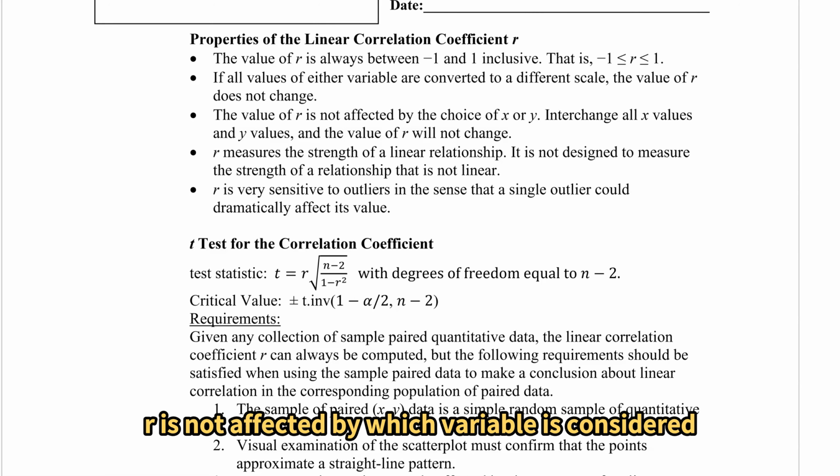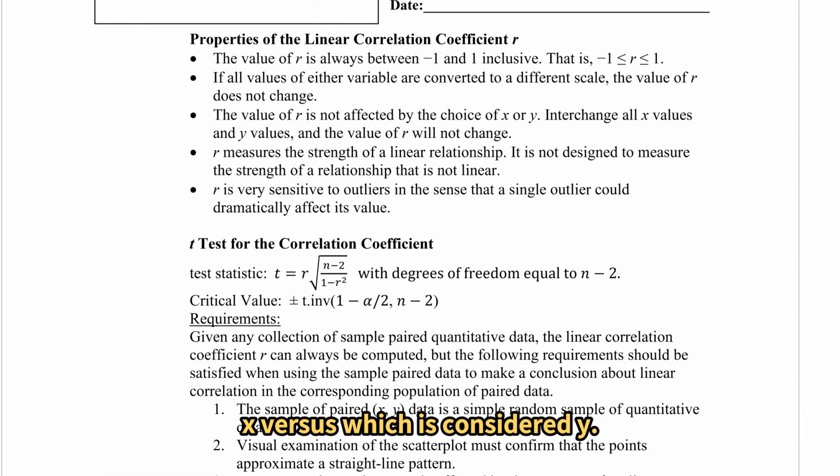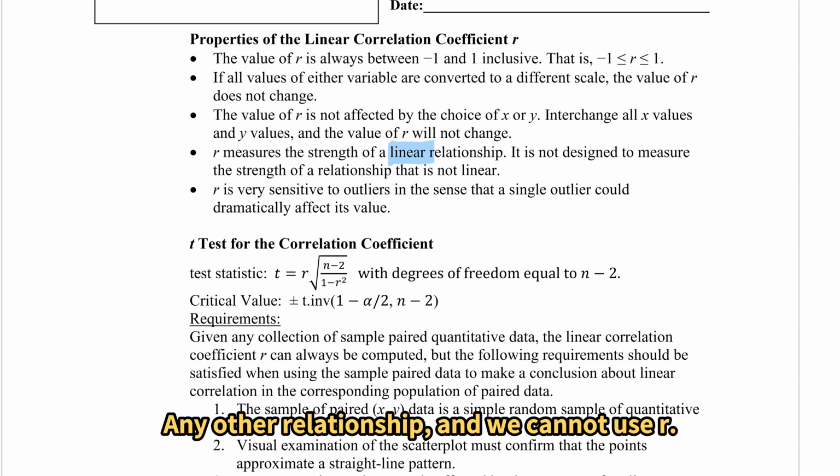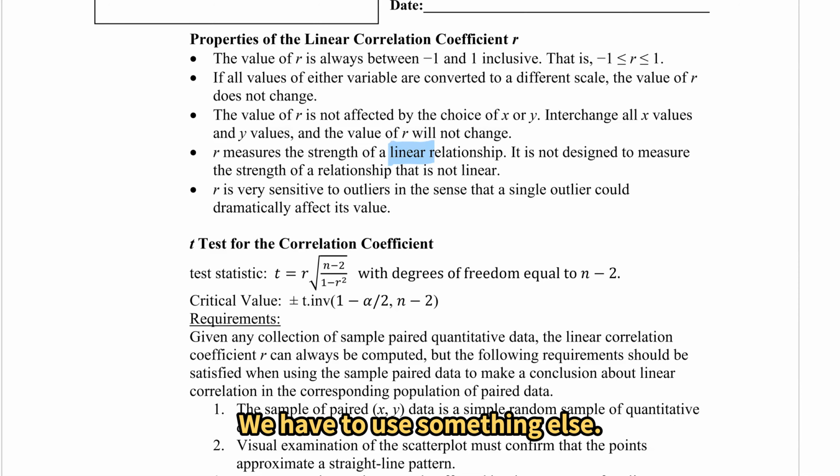R is not affected by which variable is considered X versus which is considered Y. If we were to switch the X and Y values, R doesn't change. And R measures the strength only of a linear relationship. Any other relationship, and we cannot use R. We have to use something else.